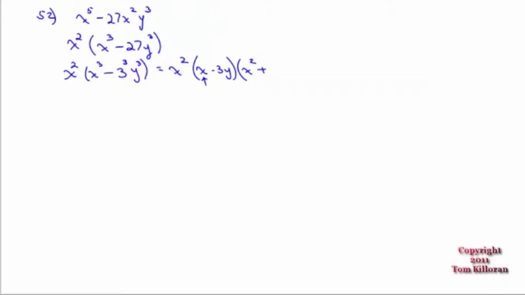Plus 3xy, because you're going to multiply these two together. That'll give you 3xy. And you're going to change the sign. And then finally, square the last term. Plus 9y squared. And you're done. Not that bad.